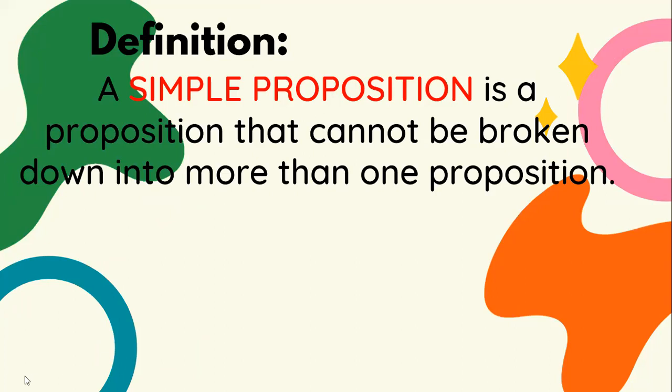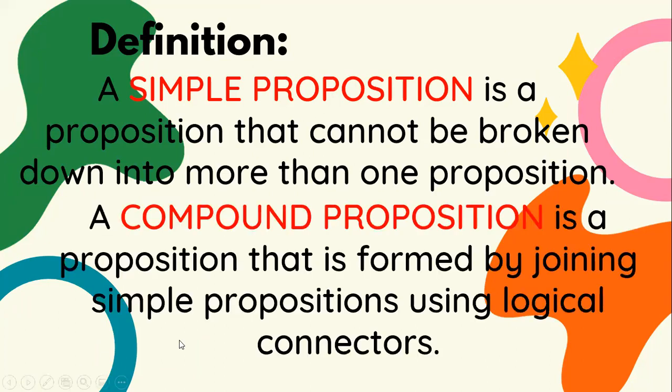A compound proposition is a proposition formed by joining simple propositions using logical connectors. In a compound, you can separate them into two simple propositions, where each sentence can stand alone. By using a logical connector, the two simple propositions can form a compound proposition.